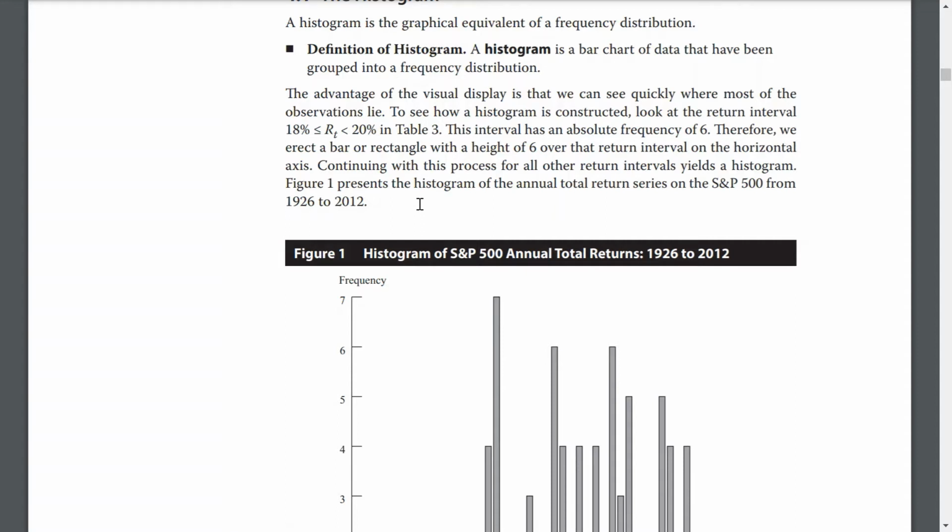Continuing this process for all other return intervals, we get a new histogram. Figure 1 presents the histogram of the annual total return series of the S&P 500 from 1926 to 2012.